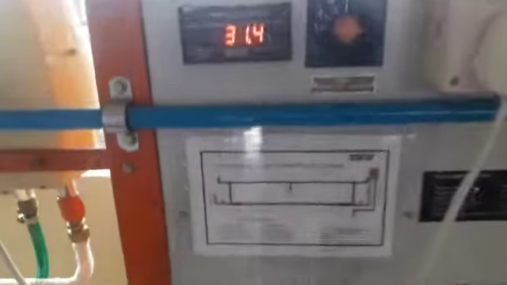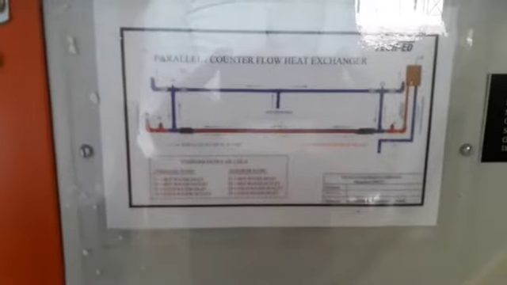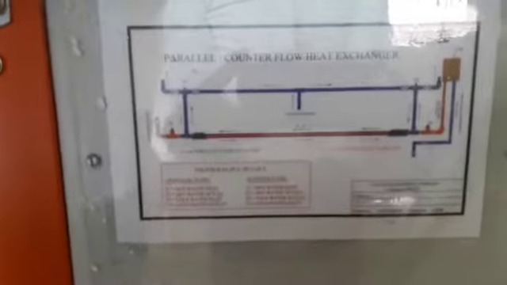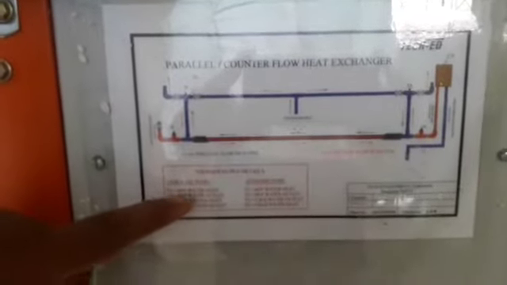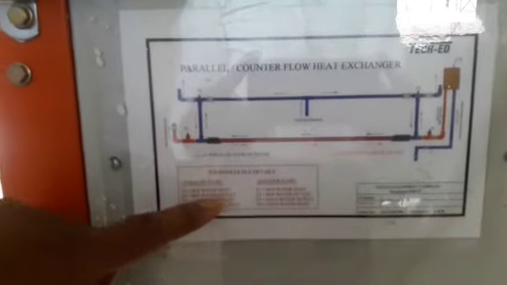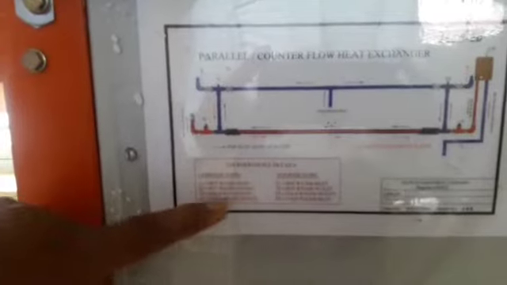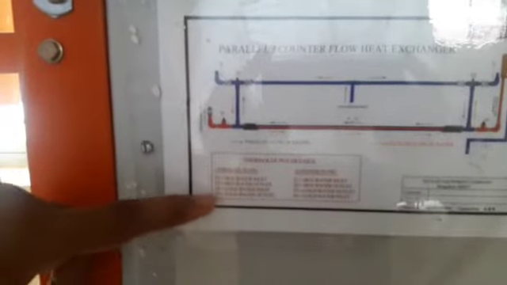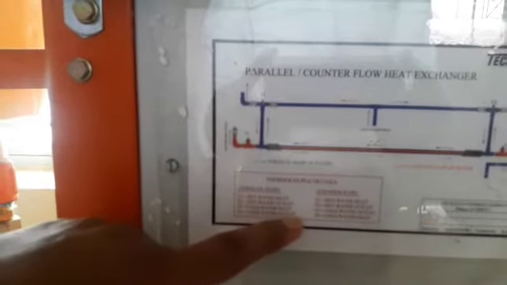Now coming to the circuit, you can see the temperatures T1, T2, T3, T4 which are mounted. For parallel flow, T1 gives the hot water inlet temperature, T2 the hot water outlet temperature, T3 the cold water inlet temperature, and T4 the cold water outlet temperature.